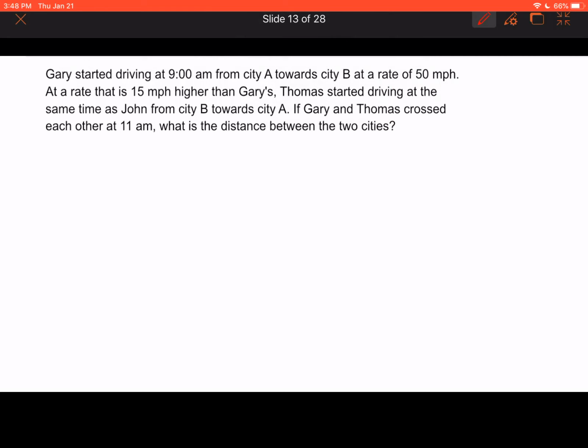Gary started driving at 9 a.m. from city A towards city B at a rate of 50 miles per hour. Thomas drives at a rate of 15 miles per hour faster than Gary, so 50 plus 15 miles per hour.